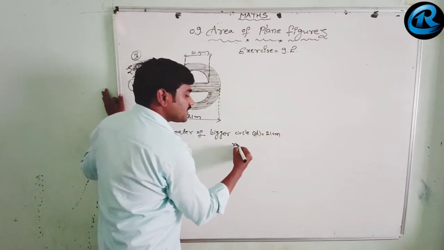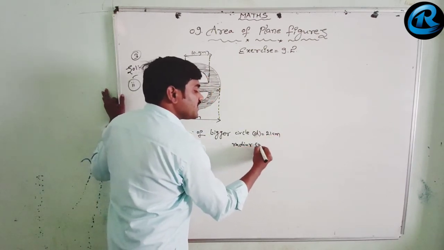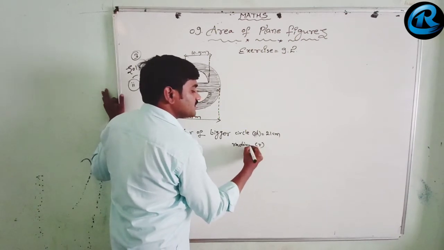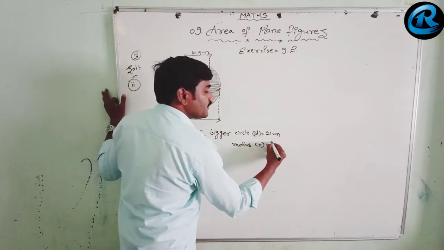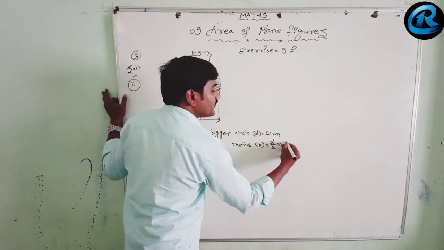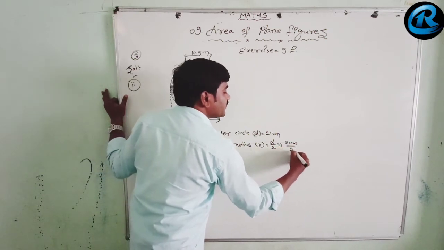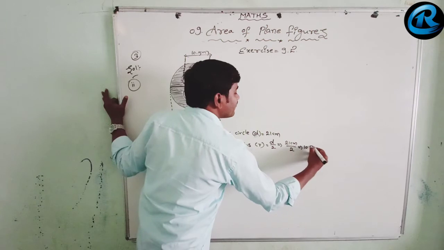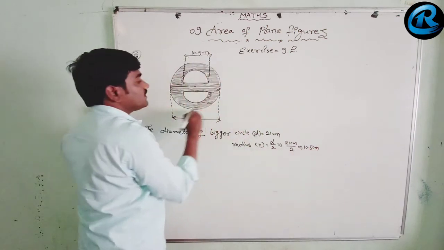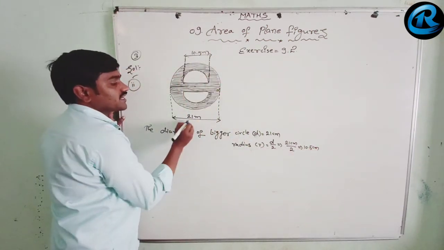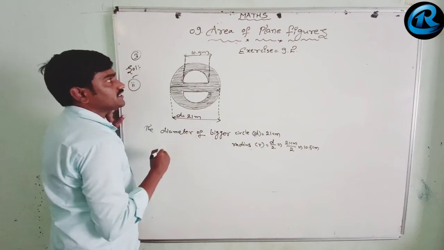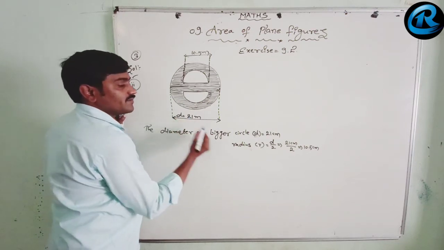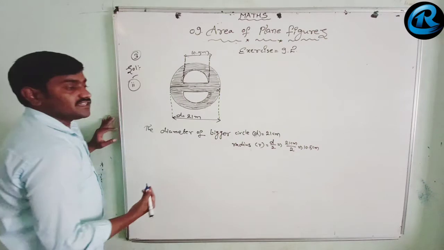But the radius R equal to D by 2, that equal to 21 centimeter by 2, that equal to 10.5 centimeter. Then half of this will be the radius, that is 10.5 centimeter.